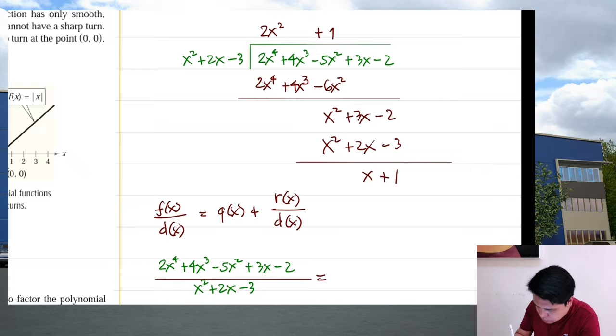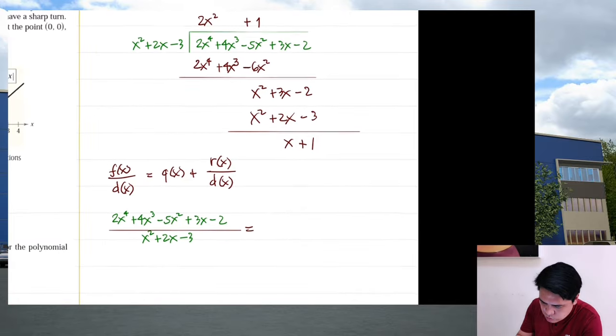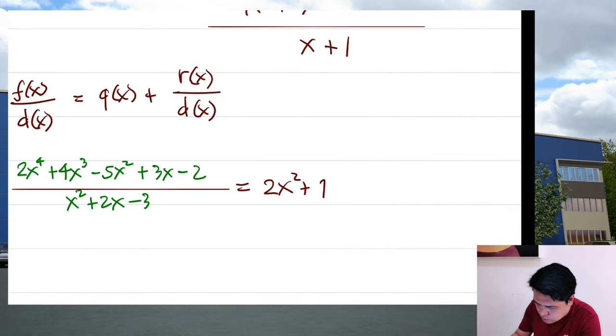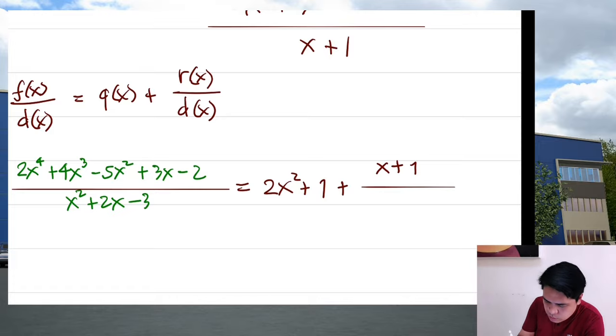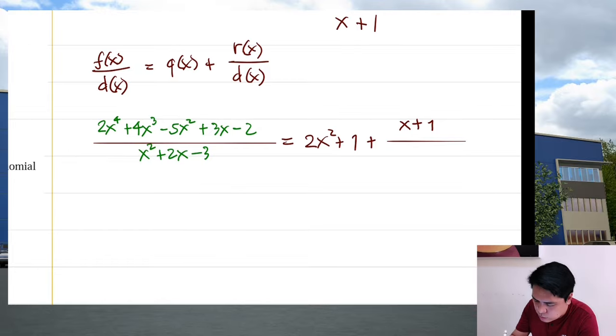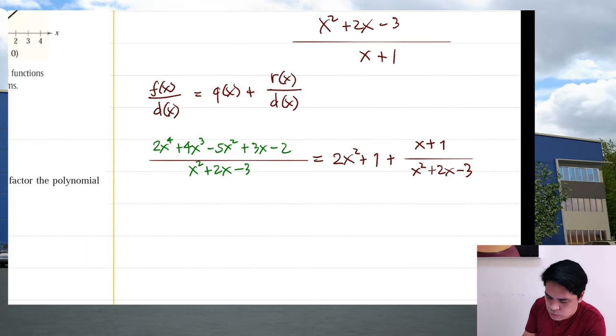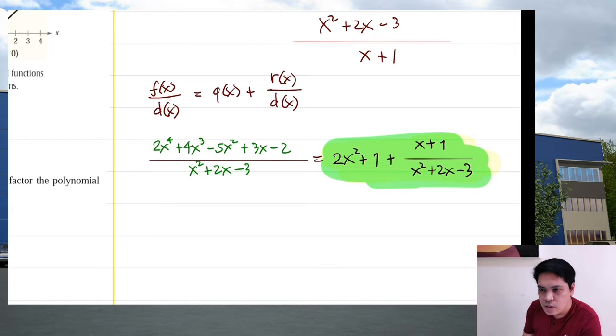Is equal to the quotient. So the quotient is 2x squared plus 1 plus the remainder x plus 1 divided by the divisor, x squared plus 2x minus 3. So this is now our answer. Di maklaro ito. So that is now our answer.